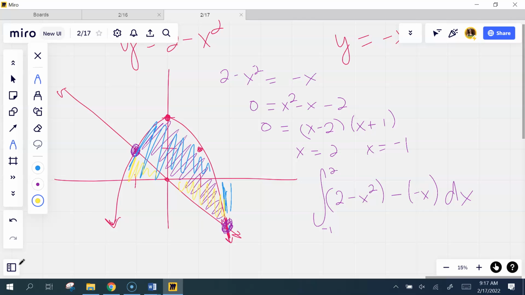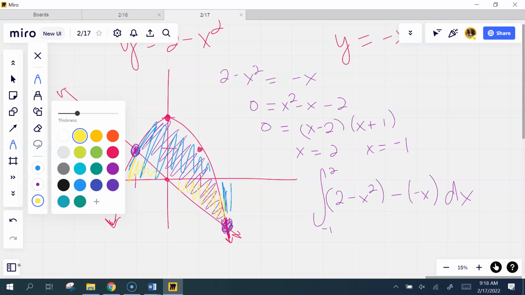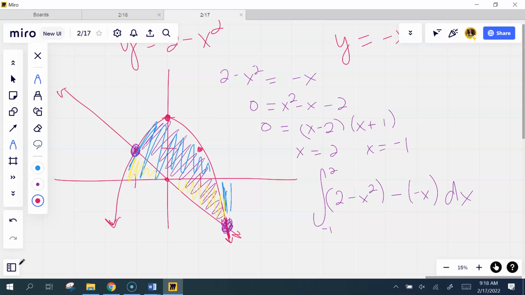So if I take the blue and subtract the yellow, I should be left with the purple. You can do it all in one go.